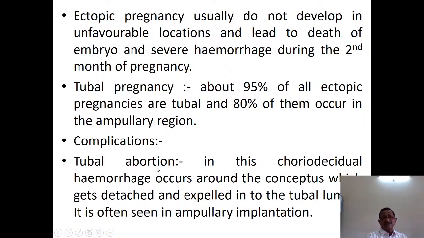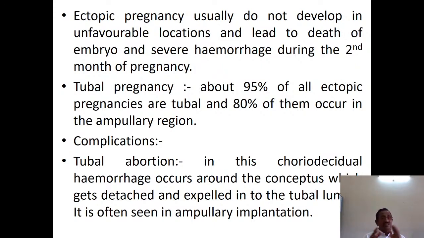So this ectopic pregnancy, that means the pregnancy in abnormal sites, usually does not develop in unfavorable locations. Here the endometrium will not be there, so there is no supply of food. So the zygote which has implanted will not develop, and it may lead to the death of the embryo and severe hemorrhage during the second month of pregnancy.